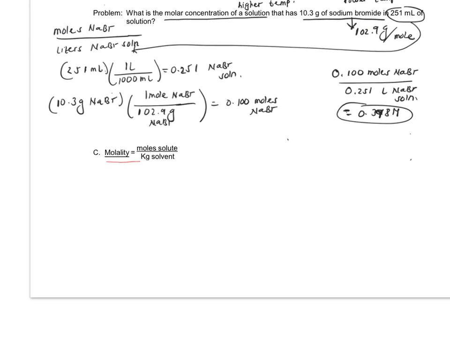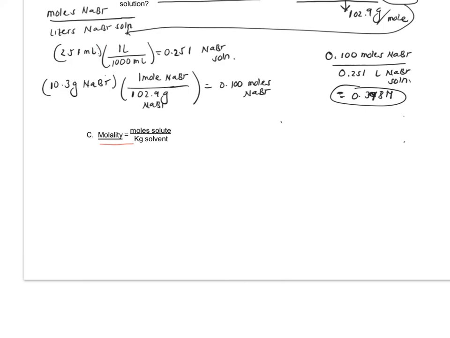Okay, and our last unit of concentration that we're going to go over is molality. Molality is moles of solute over kilogram of solvent. So if I say I have a 2.00 molal solution of sodium chloride, we represent molal with the unit of a little m. Compared to molarity, that's a big M, but for molality, it's a little m.